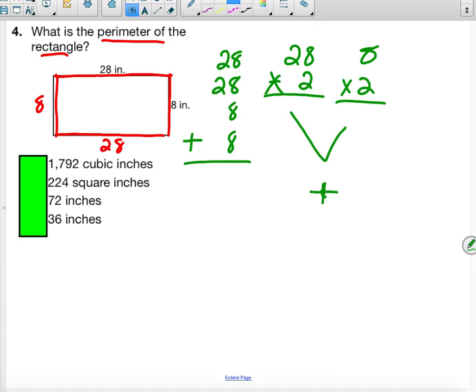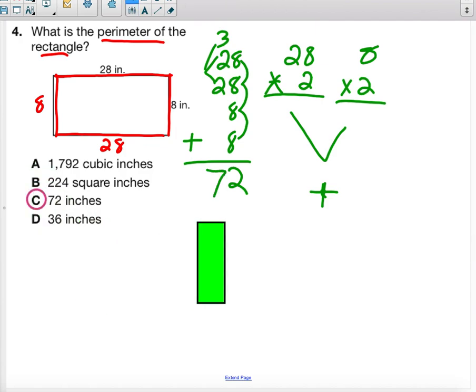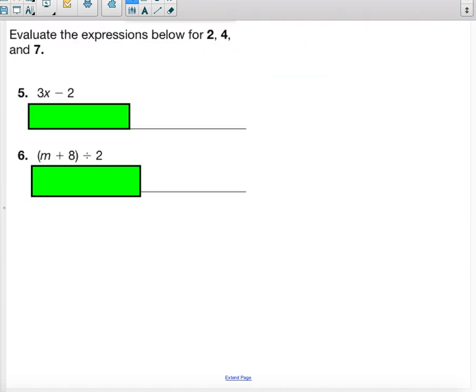It just depends on how you want to do it. Either way, you'd have 8 plus 8 plus 8 plus 8 is 32. Carry your 3. 2 plus 2 is 4, plus the 3 is 7. So your answer is 72.